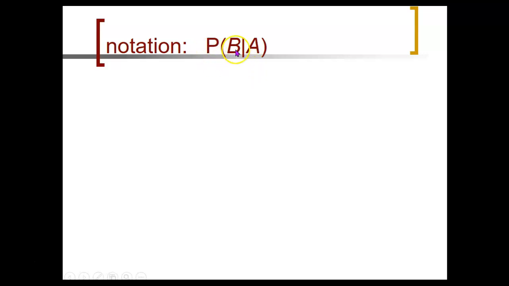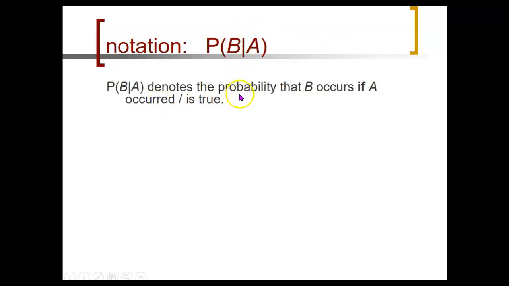P of B, and then there's this vertical line looking thing, and then A. So the A and the B stand for events, things that might or might not be true, and the vertical line stands for, well, conditional probability, which means the probability that the first thing, B, occurs if the second thing, A, occurred or is true. So you would say this is the probability of B given A, or the probability of B happening if A happened.